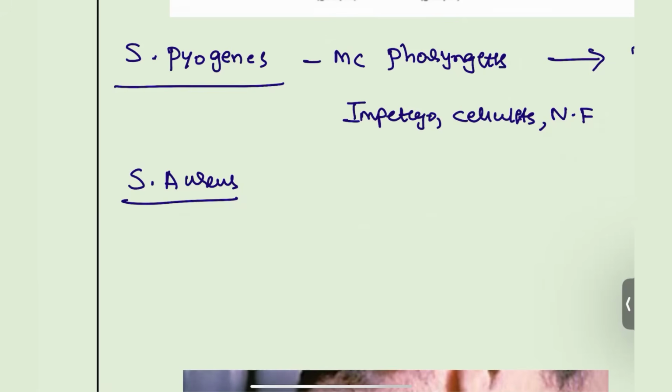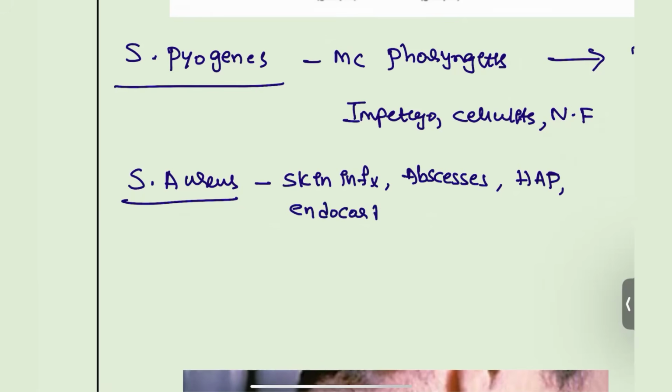Staph aureus is commonly seen with skin infections and also abscesses, and Staph aureus is also seen in hospital associated pneumonia and also endocarditis, post-op infections, and also toxic shock syndrome.